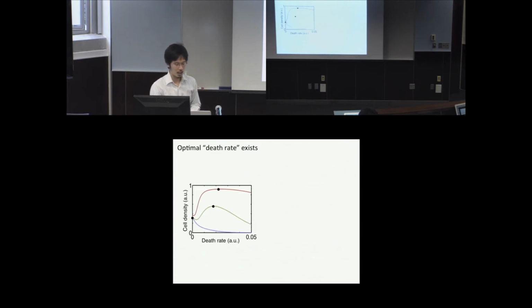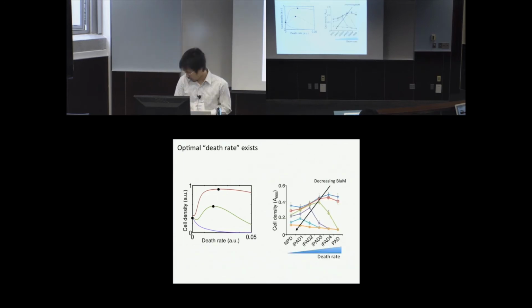And as I change public good production, as I did earlier, it may become sharper. And if I go below a certain threshold, it actually disappears, and no death is the actual optimal strategy. So there's a shift in optimal death rate. Decreasing public good expression? Decreasing, so in this direction I'm decreasing public good production, yeah.